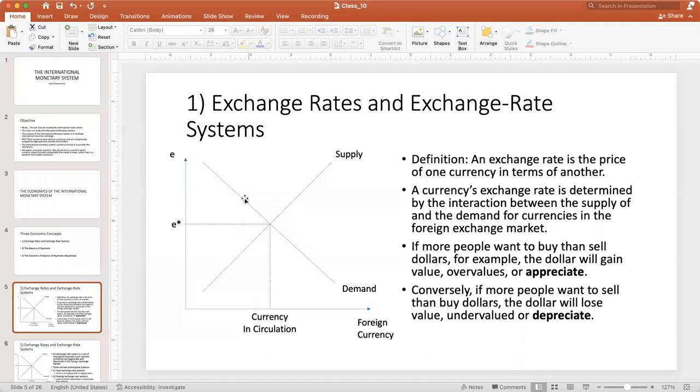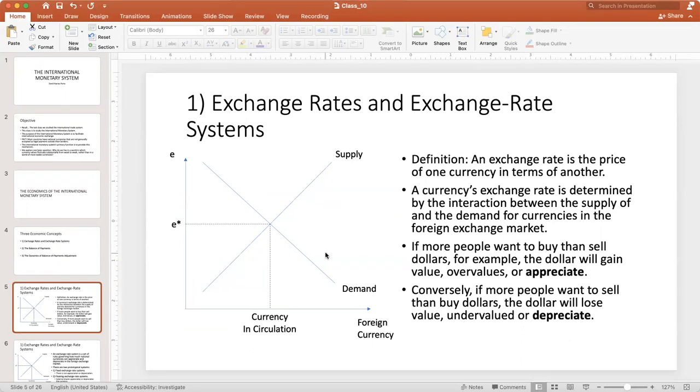However, if you want to demand foreign currency and the price is higher, you prefer not to buy too much foreign currency. So depending on the supply and demand, just at the intersection, we can find the equilibrium exchange rate in the market and the currency in circulation of the foreign currency.